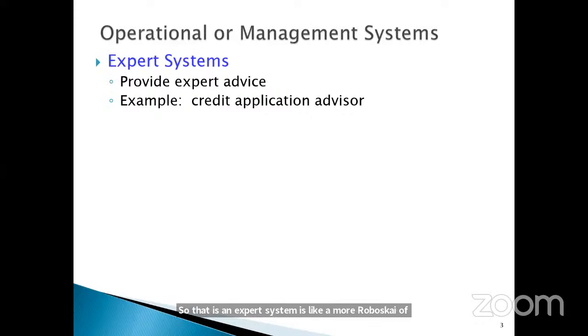In this case, the system is expected to provide expert advice but is limited in intelligence. An example is a credit application advisory. We also have expert systems that have been used in the health sector.